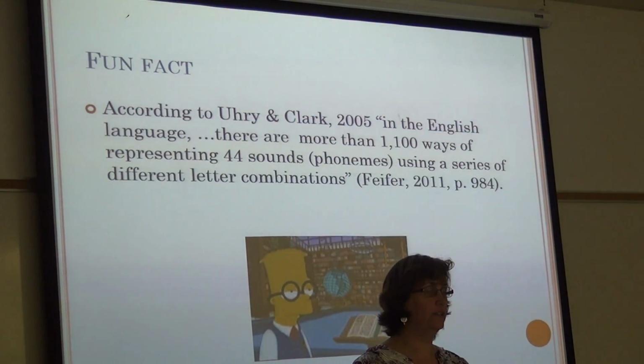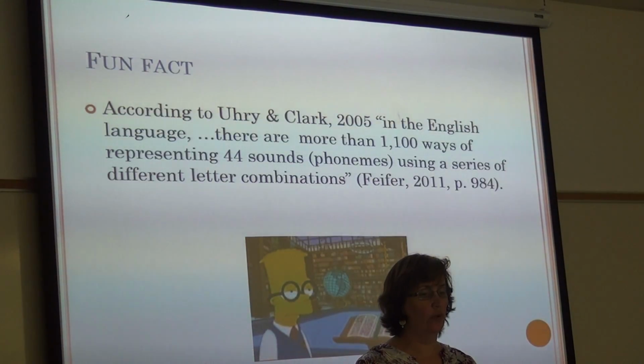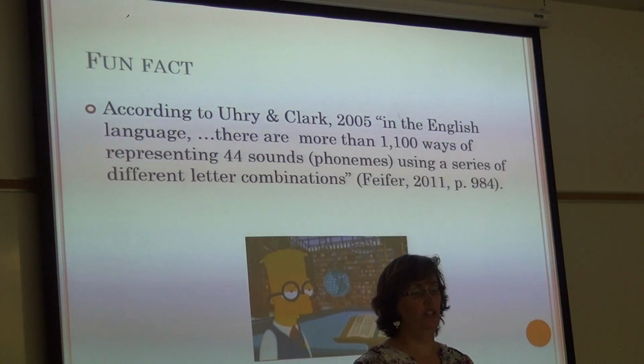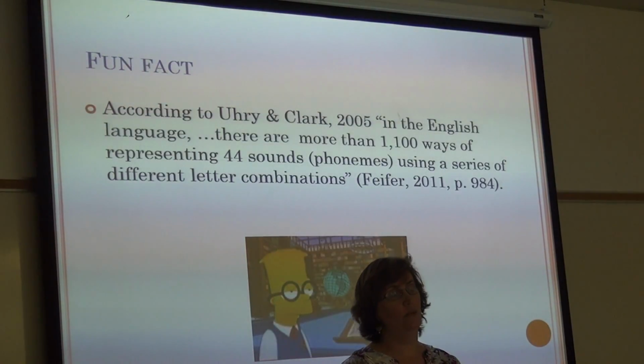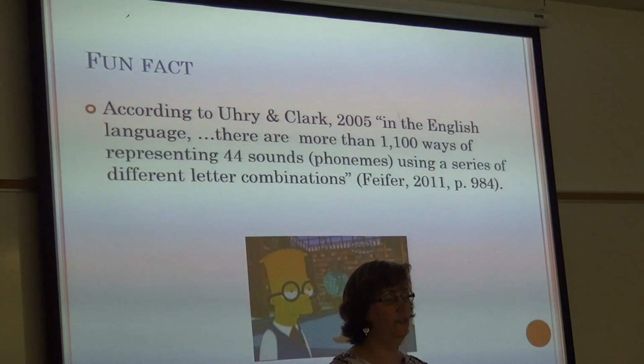So just to start, here's a fun fact that I find interesting. In the English language, there are more than 1,100 ways of representing 44 sounds using a series of different letter combinations. So what I get from that is that English is phonemically quite complex.